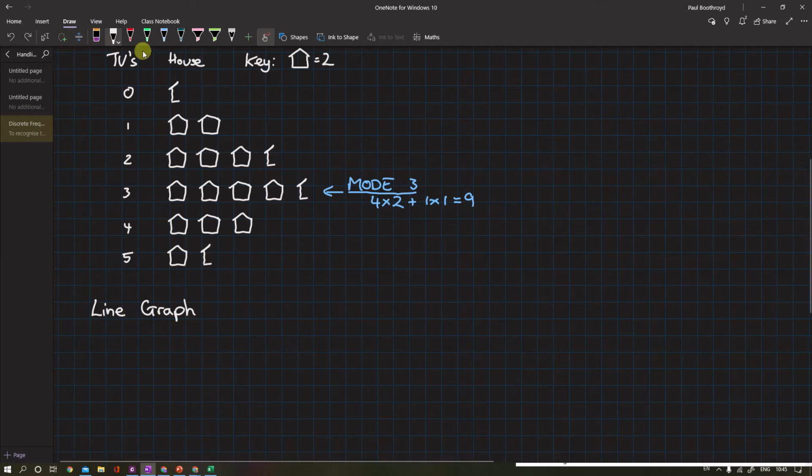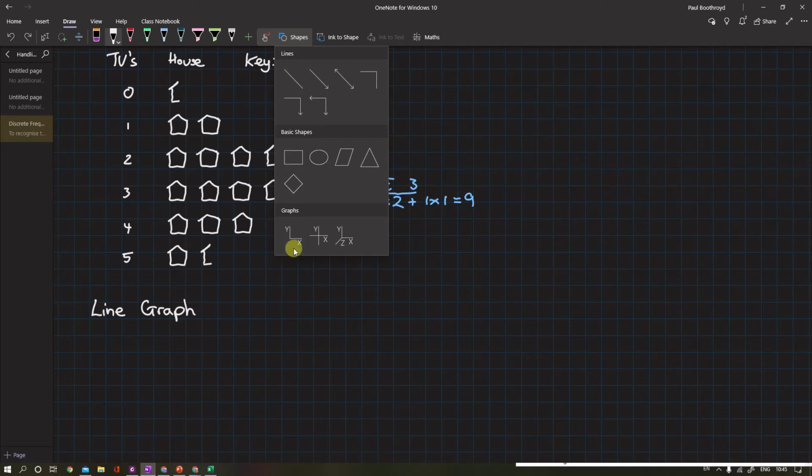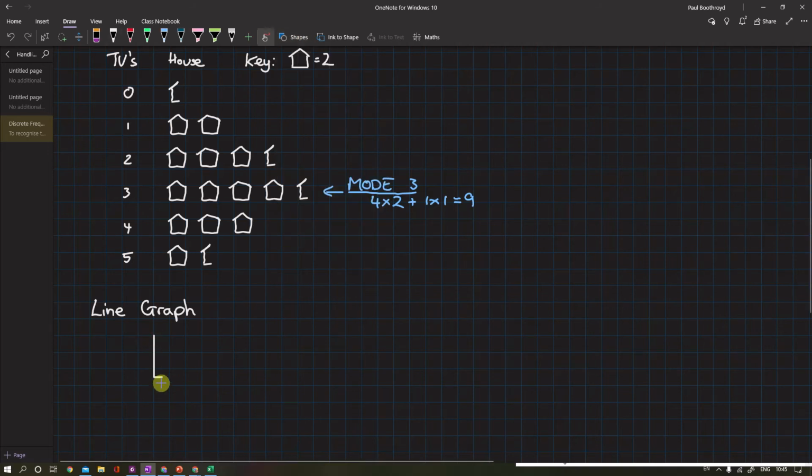So I need my axes. Make sure the axes are big enough that I can actually represent my numbers up to 9. It doesn't always have to be 1 square for one value. What you can do is actually have halfway points.